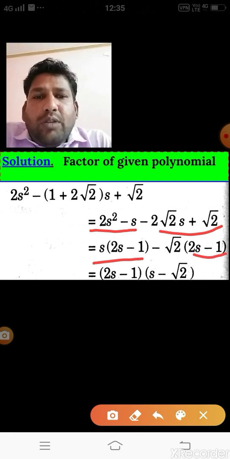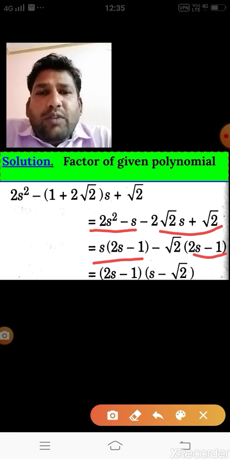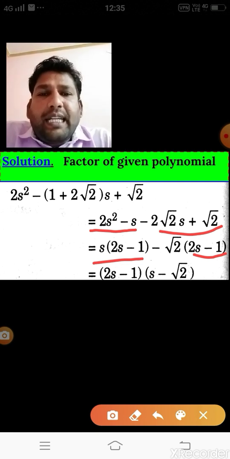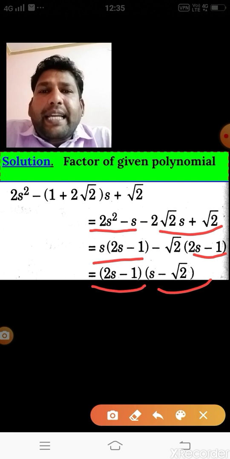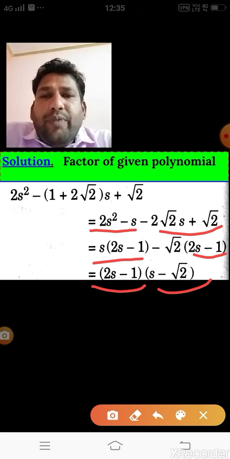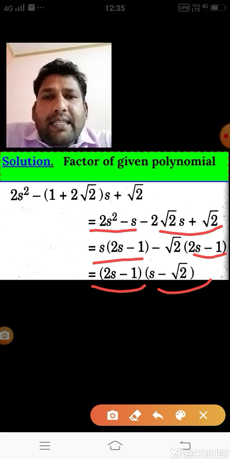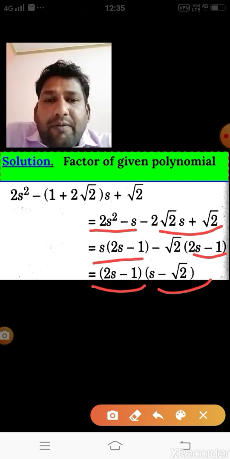From these two terms we observe 2s minus 1 is common, so taking 2s minus 1 common, in the bracket we get s minus root 2. This is a quadratic polynomial because the degree is 2 and it has the variable s, so we get two values of s, and those two values are alpha and beta.